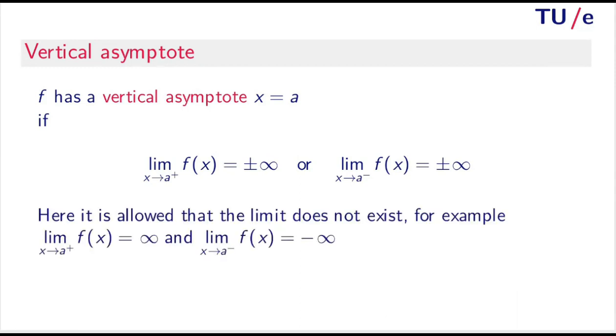Here it is allowed that the limit does not exist. So it's not necessary that both limits from the left and from the right are equal. For example, if the limit for x going to a from the positive side is plus infinity and from the negative side is minus infinity, then we still say that there is a vertical asymptote at x is equal to a.